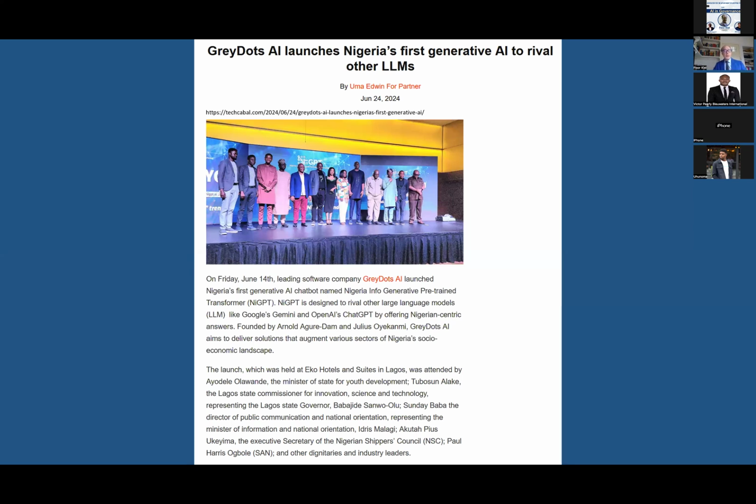And if you're at all following the topic, you will notice that after ChatGPT, we got Google's Gemini, then we got Claude of Anthropic, now we have Mistral, now we have Llama by Meta. There are literally hundreds of AI chatbots evolving that use this generative technology.